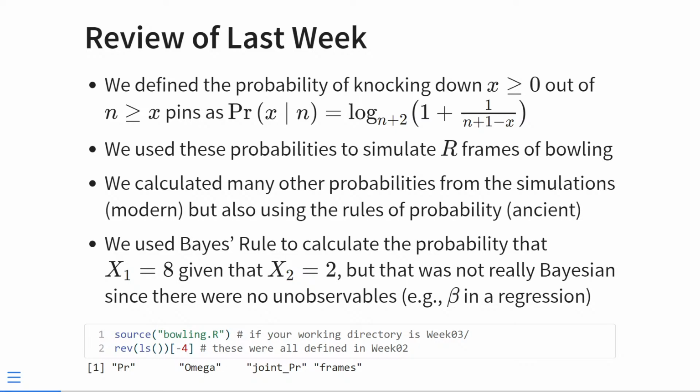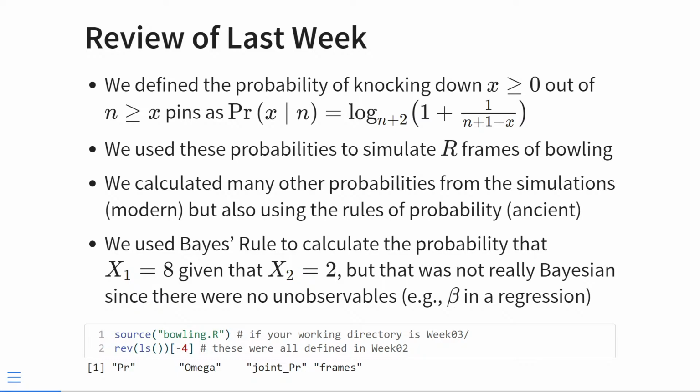And we use those probabilities to simulate our frames of bowling, where the frames are independent of each other because that's how the rules of bowling say, but the two rolls within the same frame are not independent of each other because the probability of knocking down x pins on the second roll of a frame of bowling depends on how many pins are available upright to be knocked down.